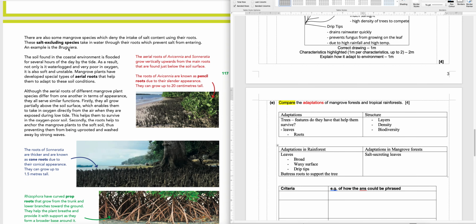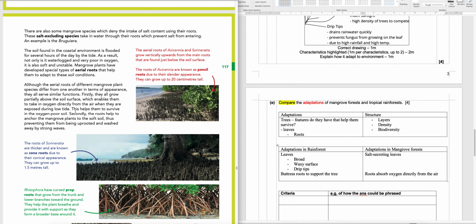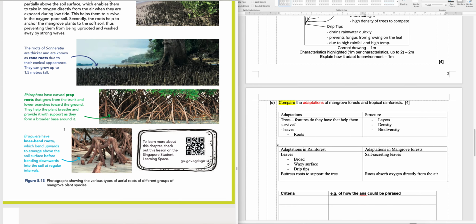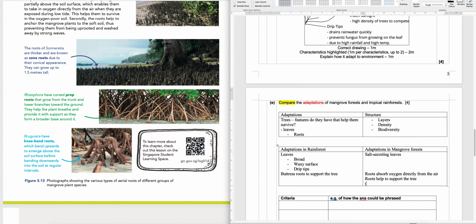You also see that the roots take in oxygen, because the soil is oxygen poor. You also learn that the roots help to anchor and support the tree. And if you go more detailed, you learn that there are the aerial roots, the prop roots, and the knee bend roots.